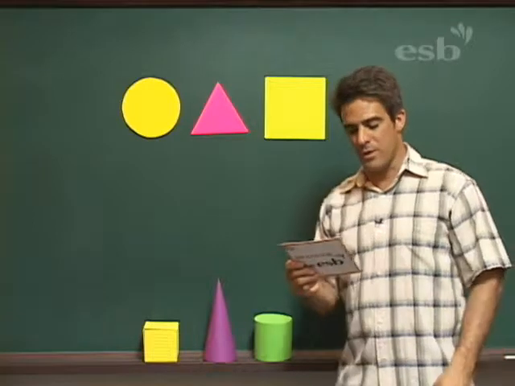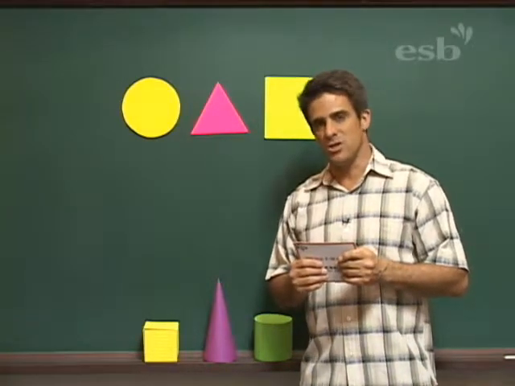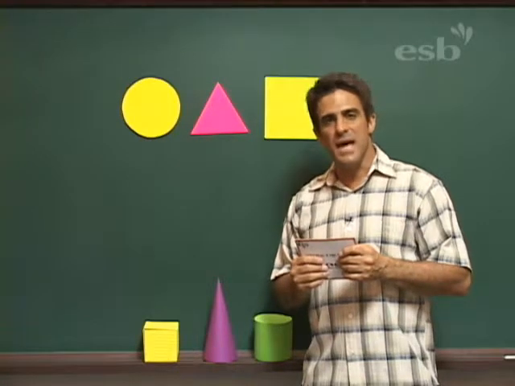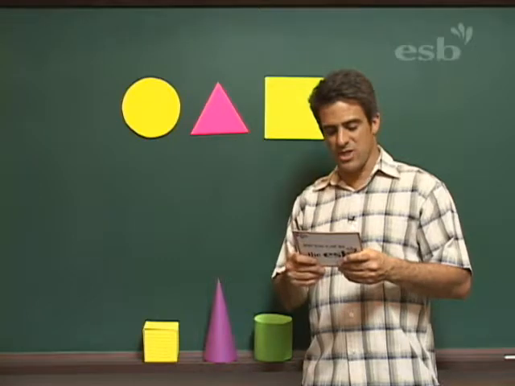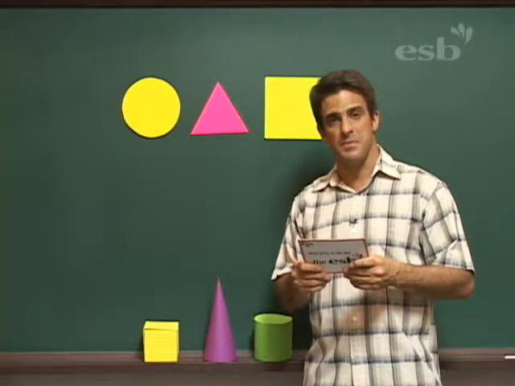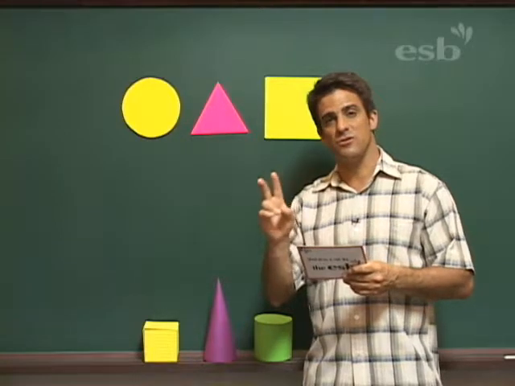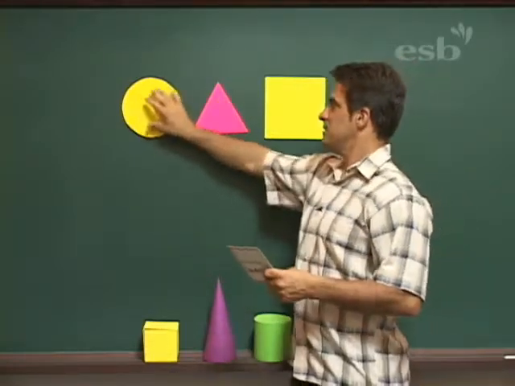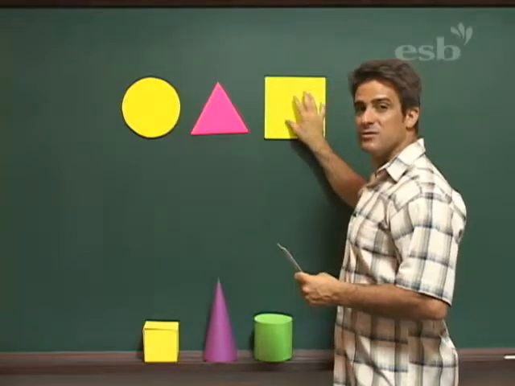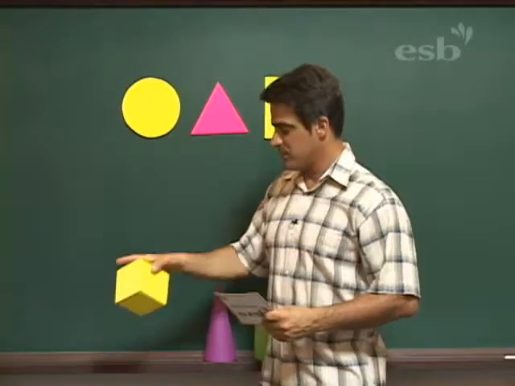There's one more word I want to teach you. Edge. The edge of a shape is where 2 faces meet. Now a face is the flat surface. For example, let's look at the cube.